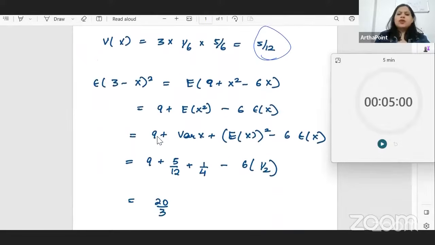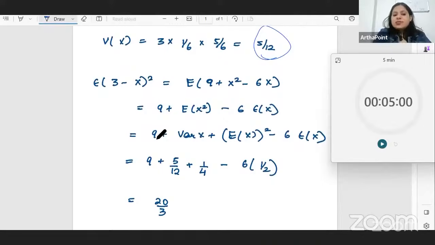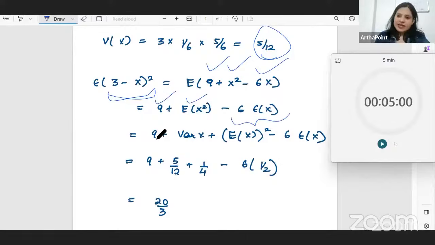Now let's try to open this up. So when we go ahead and open this up, I will get expectation of (3 minus X) whole square as, using (a minus b) whole square is a square plus b square minus 2ab, expectation of 9, which will be 9 itself, plus expectation of X square minus 6 expectation of X. Beta, now just think.